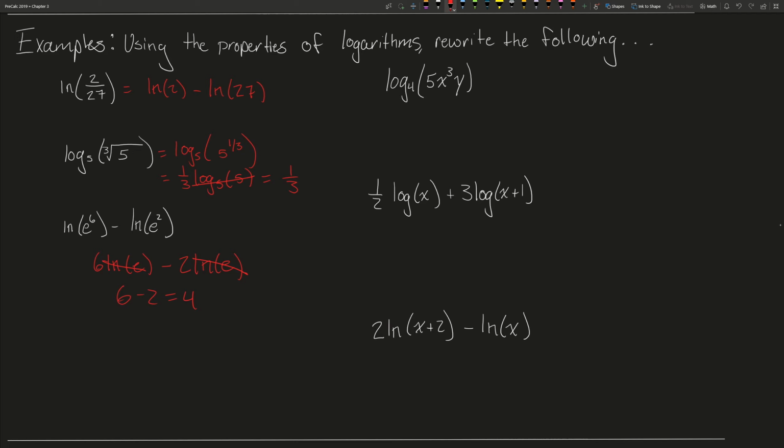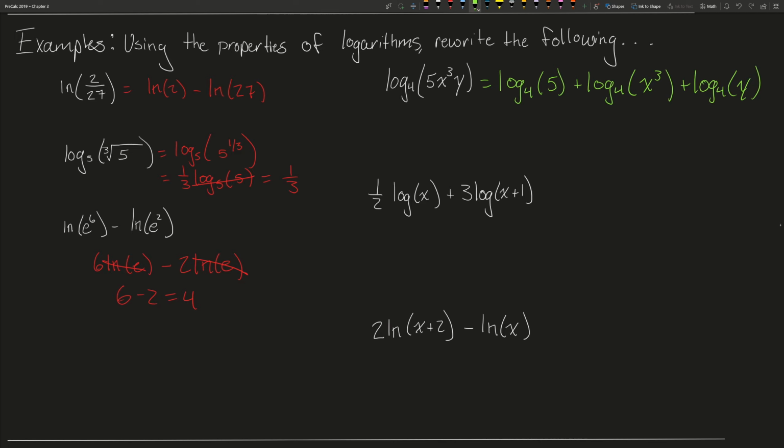The next one says the log base 4 of 5x cubed times y. So in this one, we're going to expand just a little bit. We have a product inside the parentheses, so we can rewrite that as the sum of each of these things. So we can rewrite it as log base 4 of 5 plus log base 4 of x cubed plus log base 4 of y.